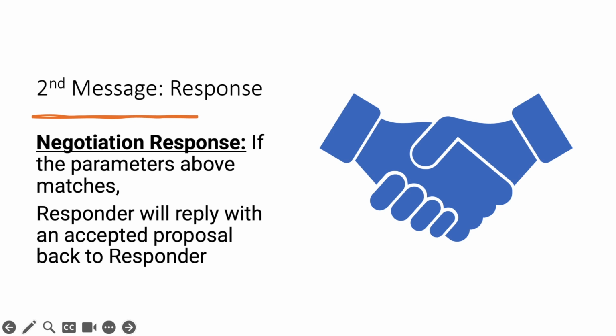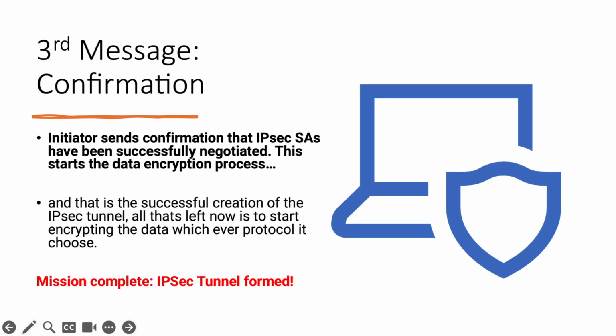If the parameters above match, obviously they agree, and the responder accepts the proposal and sends it back to the initiator. The final and third message: the initiator sends a confirmation that the IPsec Security Association has been negotiated, and now we can start encrypting all traffic.